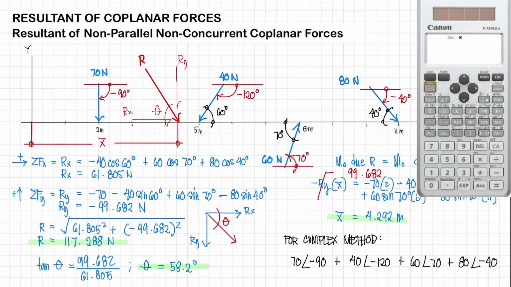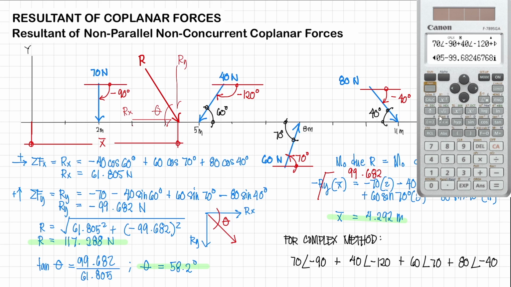And what we get is the components of our resultant. So we have here 61.805 for your Rx and then 99.682 for your vertical component.